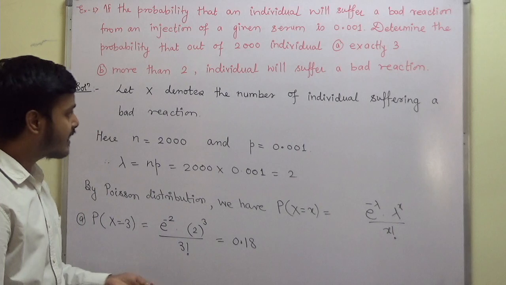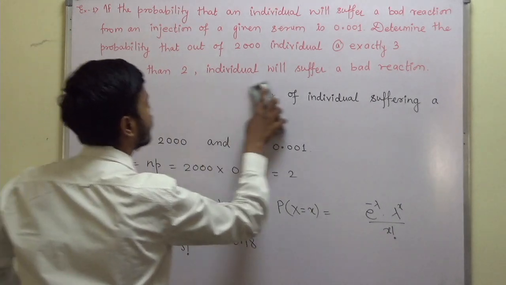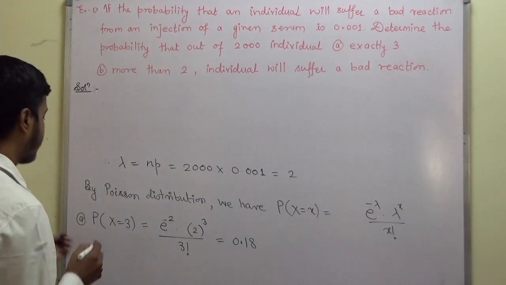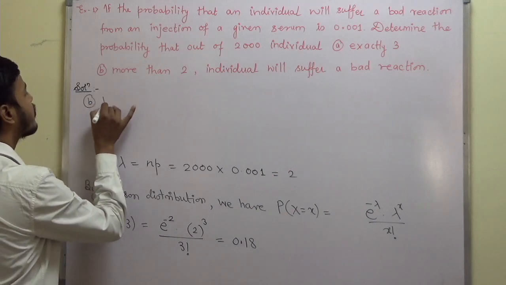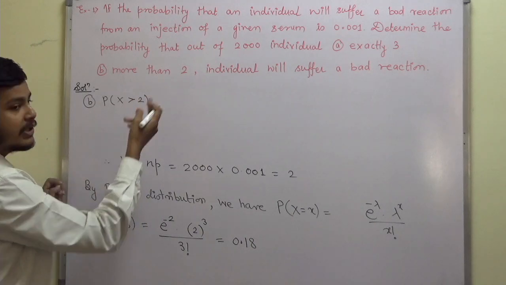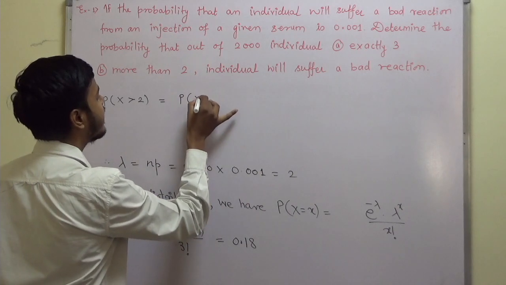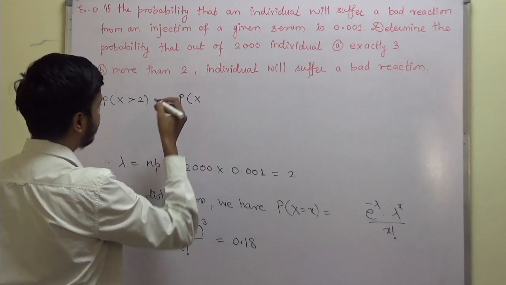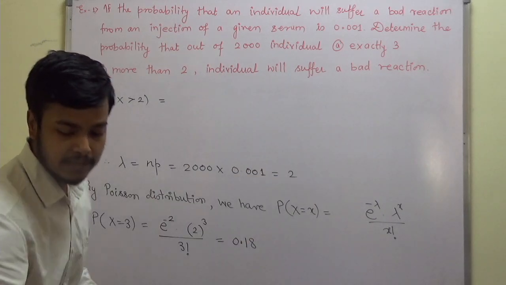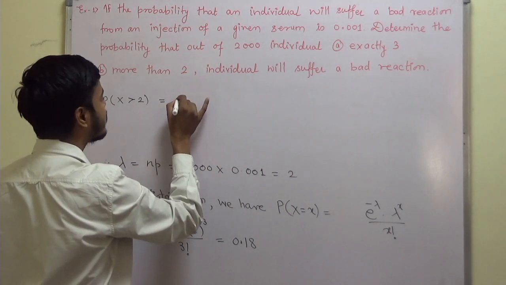Okay, now let us take the second one. The second one says more than 2. So next is B, probability of x greater than 2. More than 2 means greater than 2. Greater than 2 you can write as 1 minus, because instead of finding for 2000 individuals greater than 2, I can use the fact that the sum of the probabilities is 1.